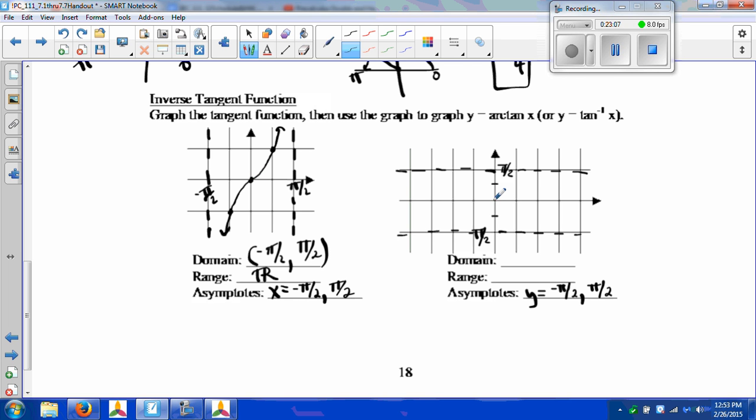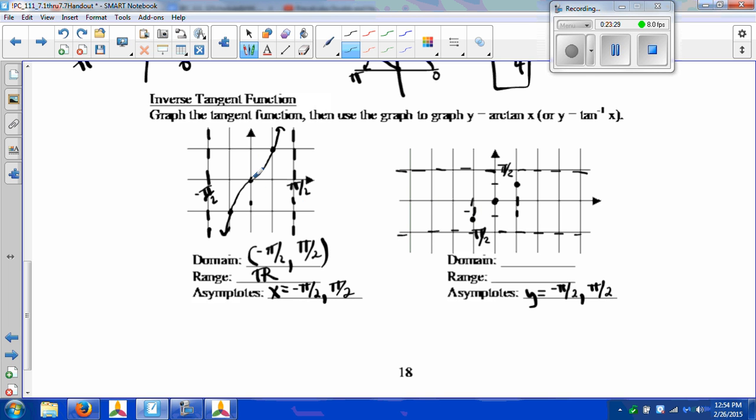Okay, so now we're just going to interchange the x's and y's. So 0, 0 is still 0, 0. And pi over 4, 1 is going to now be 1, pi over 4. So this is 1 and negative 1. And likewise, negative pi over 4, negative 1 is going to be negative 1, negative pi over 4. Okay?